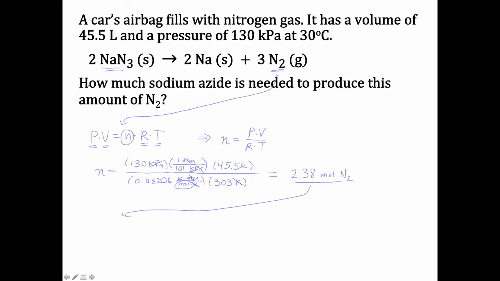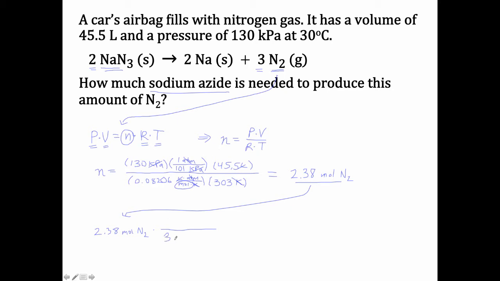Now we're actually trying to find the amount of sodium azide, so we're going to have to convert our number of moles of nitrogen into an amount of sodium azide, and what we know is for every 2 moles of sodium azide that react, 3 moles of nitrogen gas are produced.